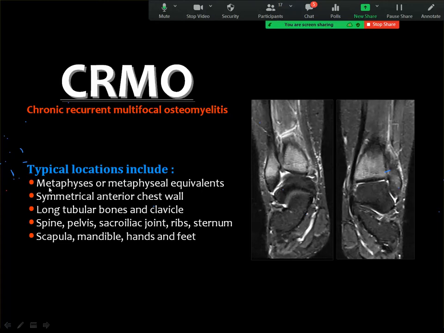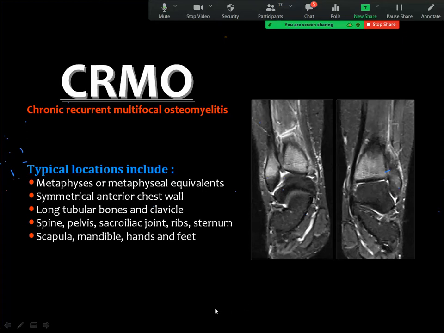It will affect the metaphyses or the regions near the metaphyses, in the anterior chest wall, long tubular bones. The clavicle is one of the famous bones that is affected in this particular disease, which can also occur in the spine, in the pelvis, and sacroiliac joints, in the ribs, and in the sternum.